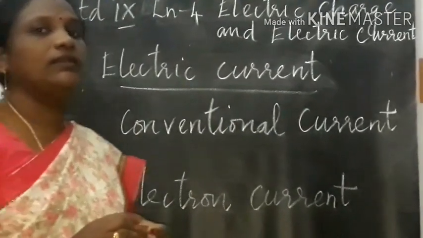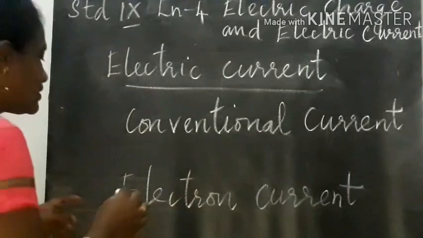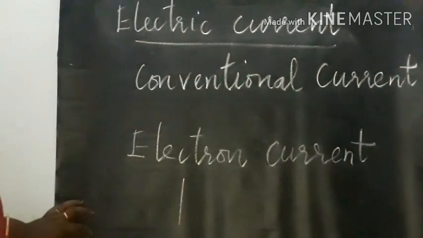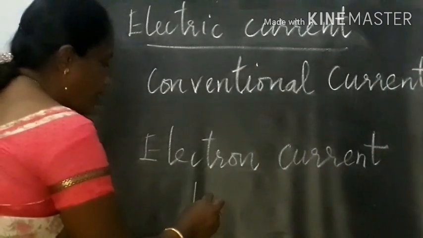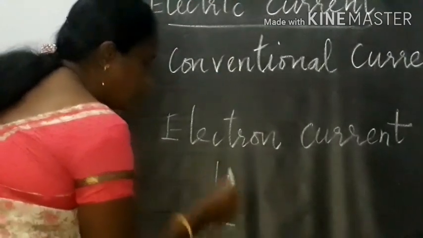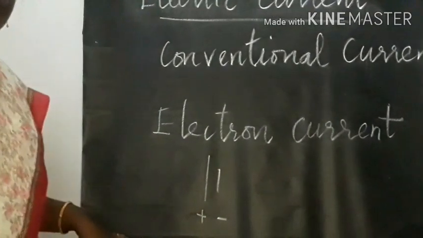Normally the positive terminal in our circuit is represented by a long line, and the negative terminal is represented by a short line. So this is a positive and this is a negative terminal.